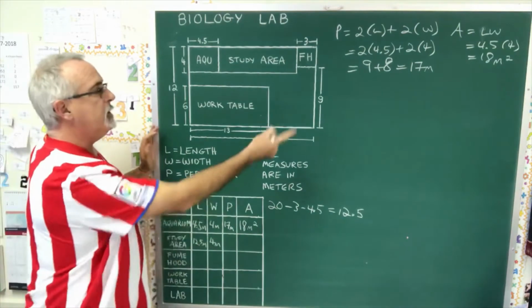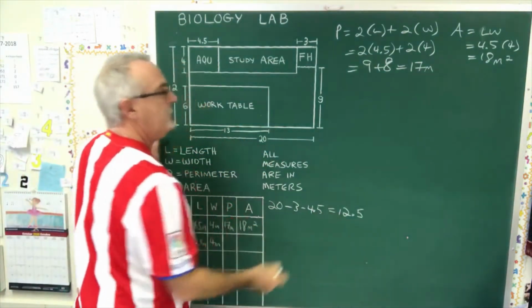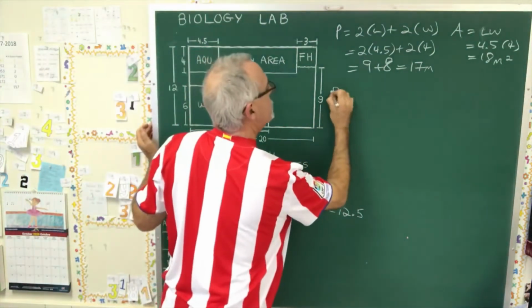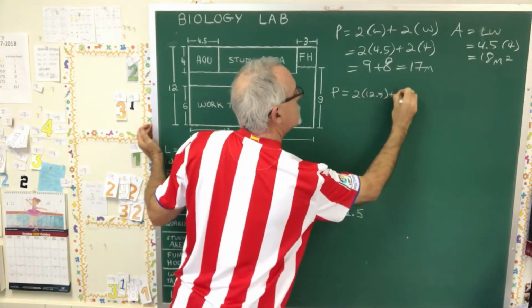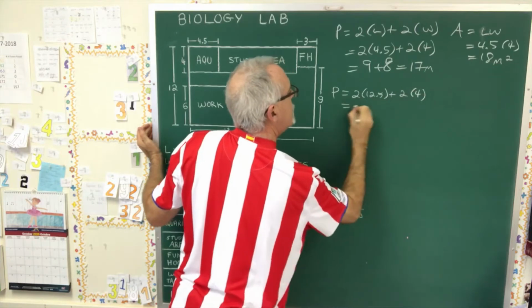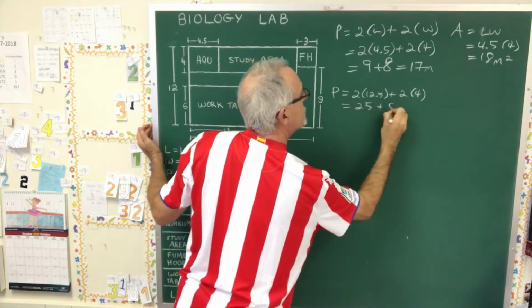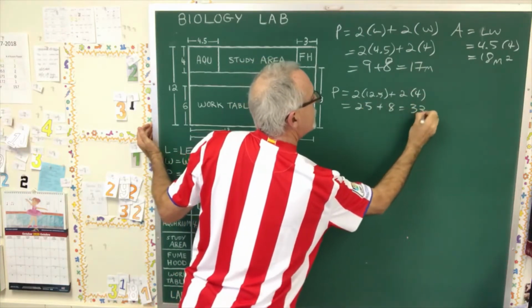Now the perimeter, we're doing the same process now that we know both the length and the width. So we have the perimeter is equal to 2 times the 12.5 plus 2 times the 4, which is 25 plus 8, which is 33 meters.